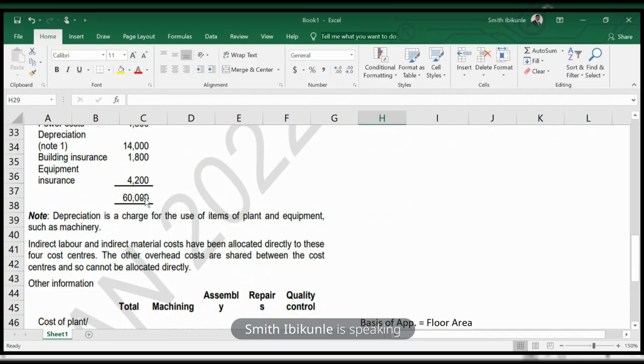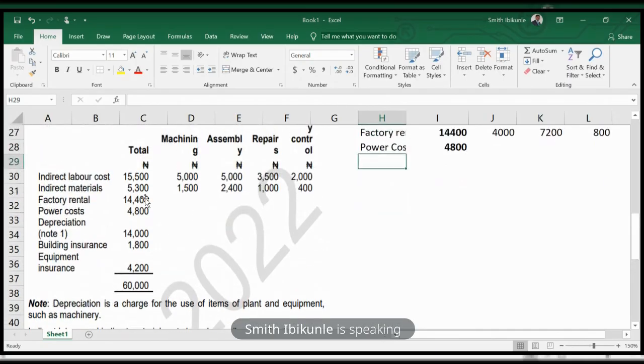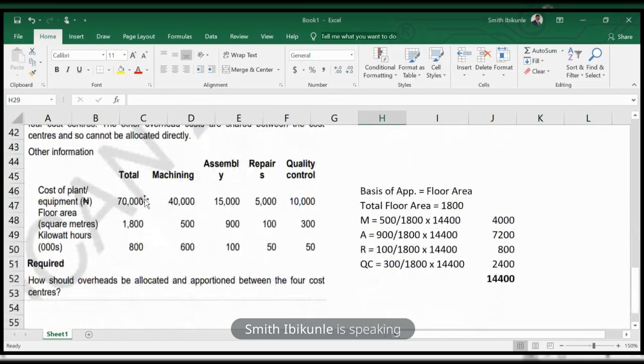We have cost of plant, floor area, kilowatt hours. Kilowatt hours. Yes, kilowatt hours is the best to share power cost because kilowatt has to do with power consumption.